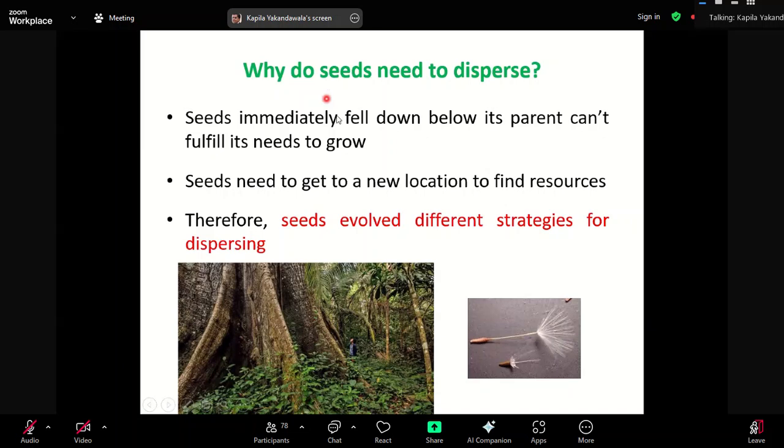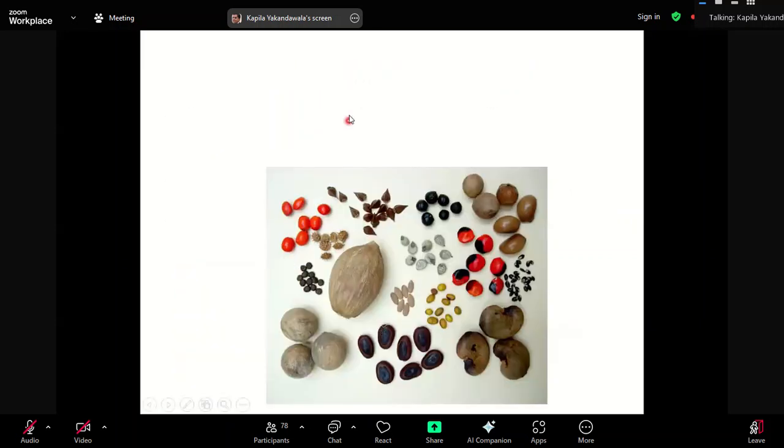You can see here a large number of seedlings under the tree. Imagine the number. None will survive after 1 year. They all will probably die because of the high competition. Therefore, seeds evolve strategies for dispersing away from the mother plant.